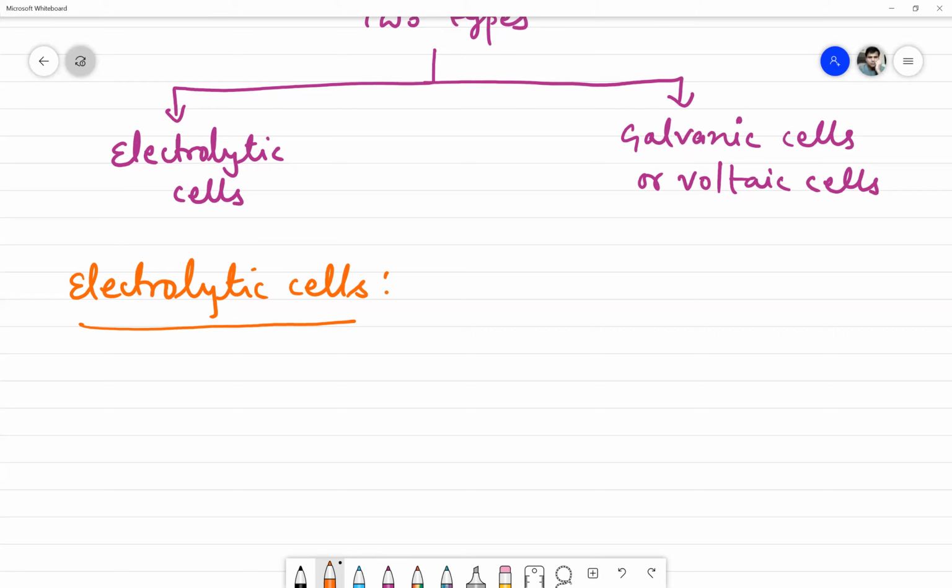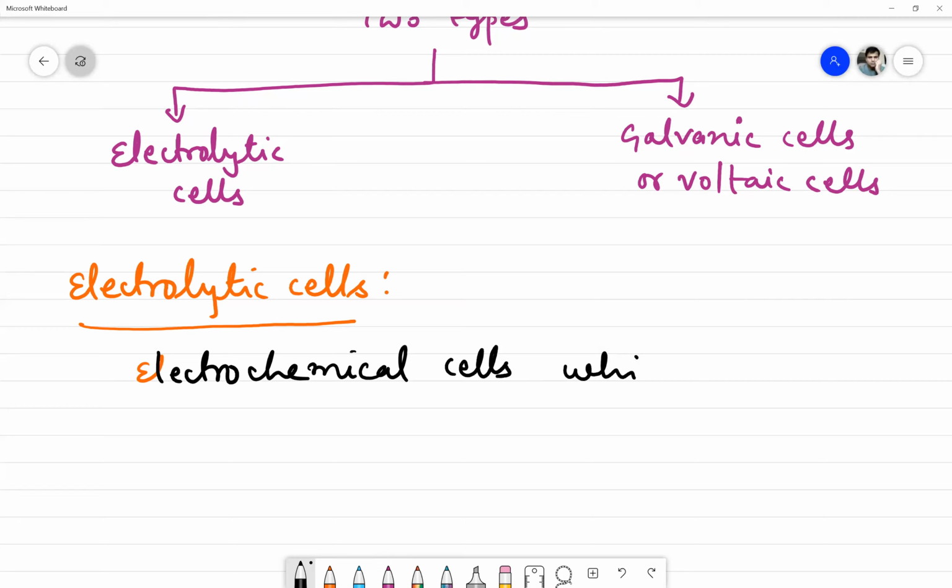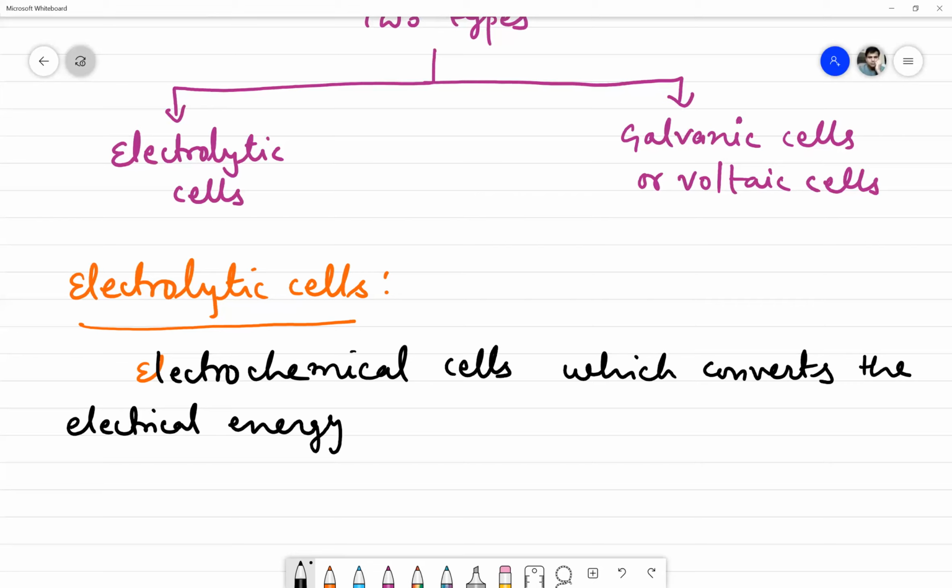So these are the electrochemical cells which convert the electrical energy into chemical energy.